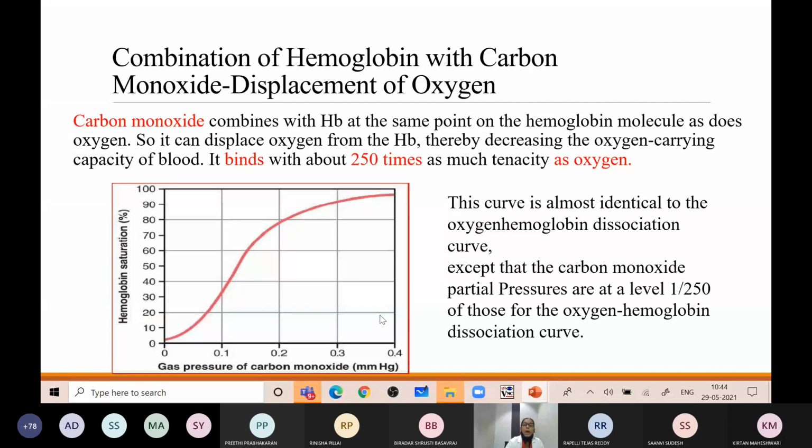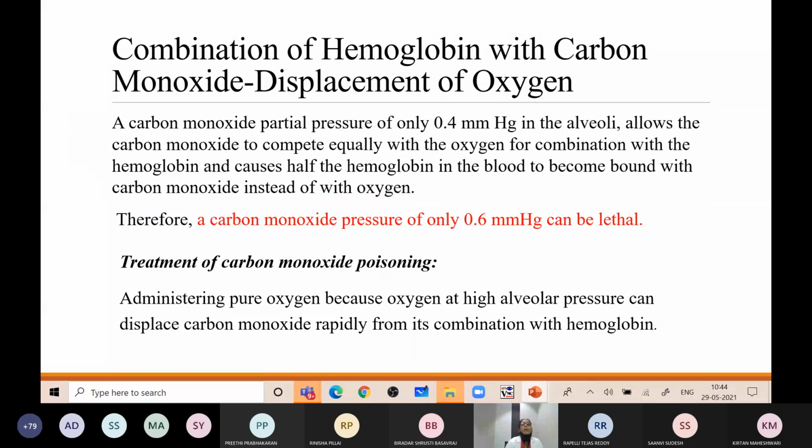And they said when PCO increases up to 0.6, that may be lethal. Death of the patient may occur if the PCO, partial pressure of carbon monoxide in our blood, increases up to 0.6 mm of Hg. So that's what is written here.